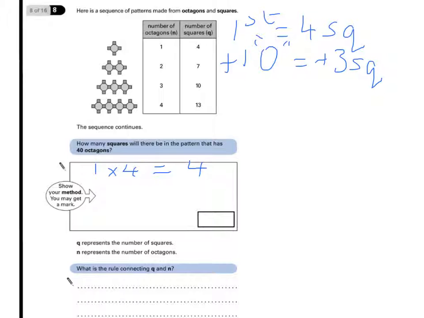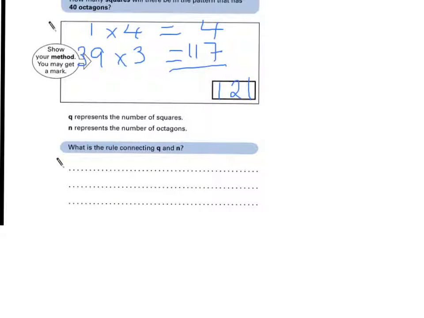So that means there's another 39 octagons. So those 39, we only have 3 squares for each of those. And if we do 39 times 3, that adds up to 117. And if we add these two numbers together, we get 121. And that's how many squares there will be in 40 octagons.